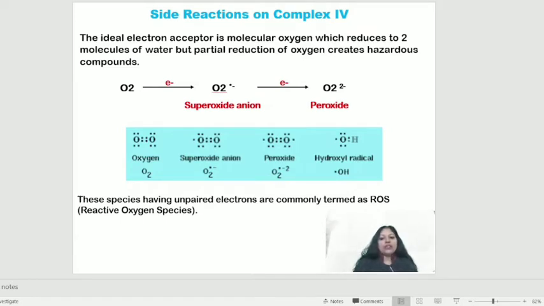But in some cases, if these ions are released into the cell, they cause harmful side effects, and these are known as reactive oxygen species.